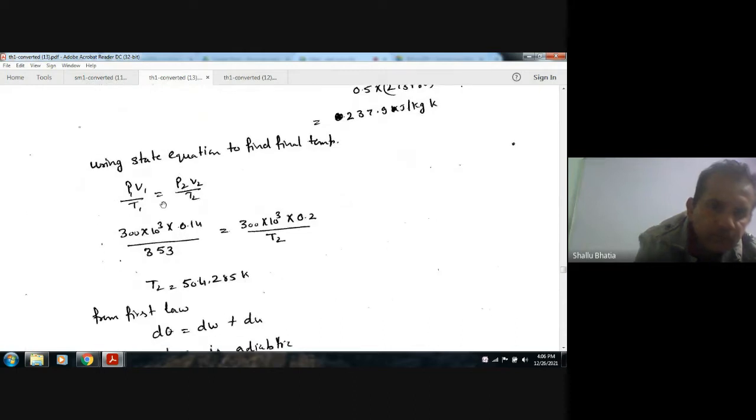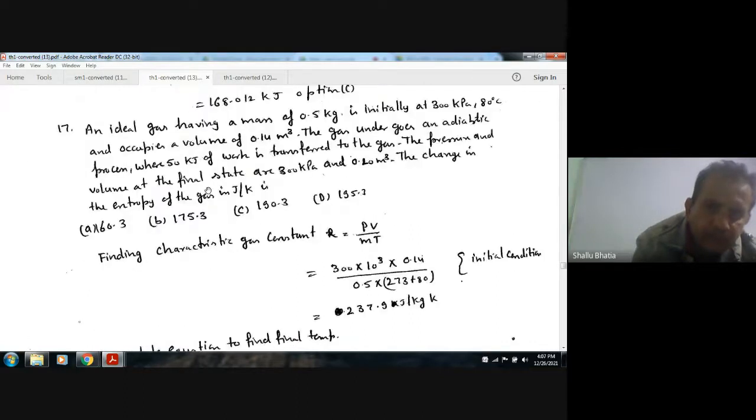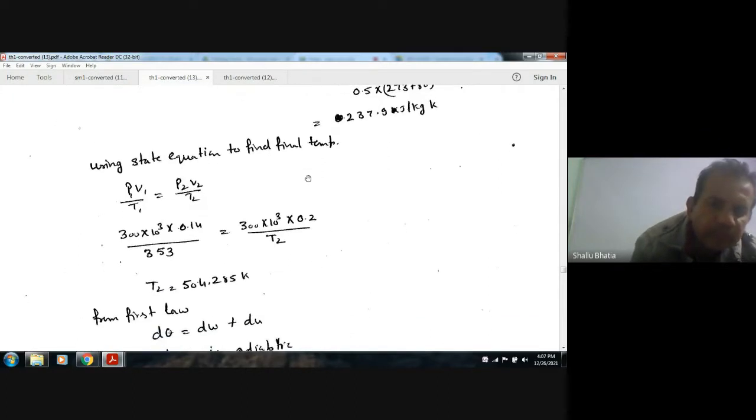Now using P1 V1 by T1 equals P2 V2 by T2, with final volume 0.2 and final pressure 300, we can find the temperature.